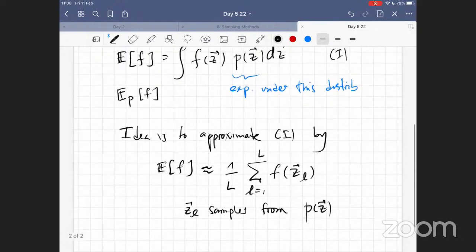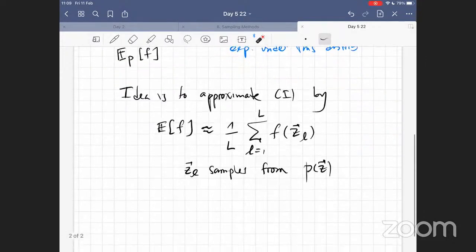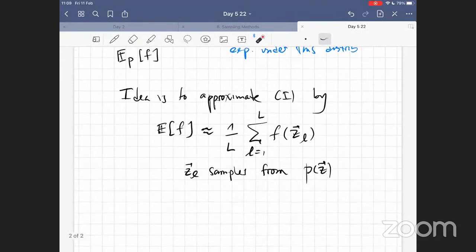So take samples from it, and once you get a number L of samples, very large typically, then for each of the samples you evaluate this function, and then you take the average of it, and this is the way to approximate it.